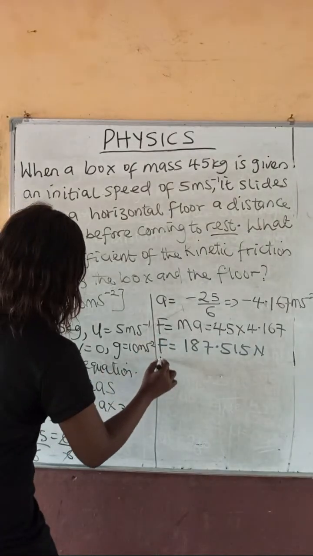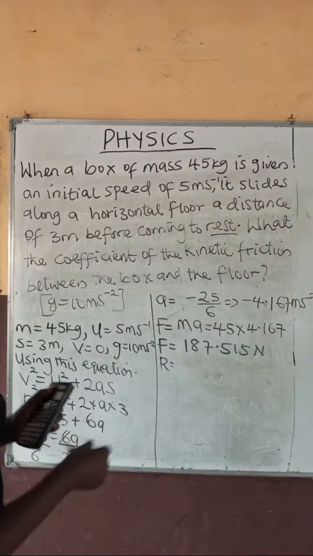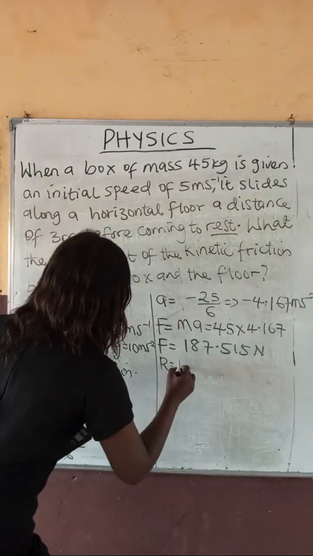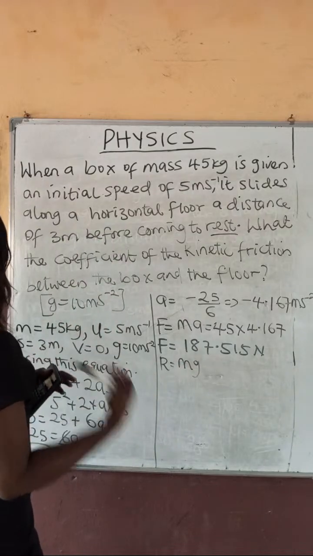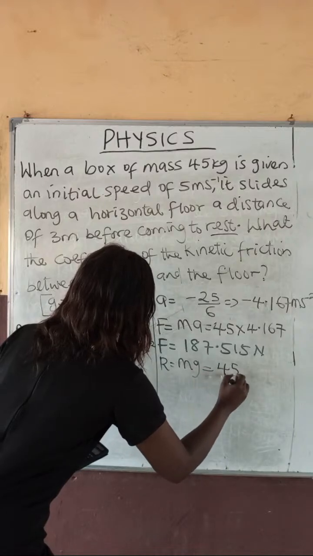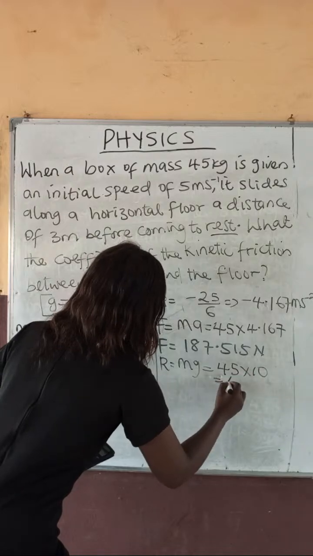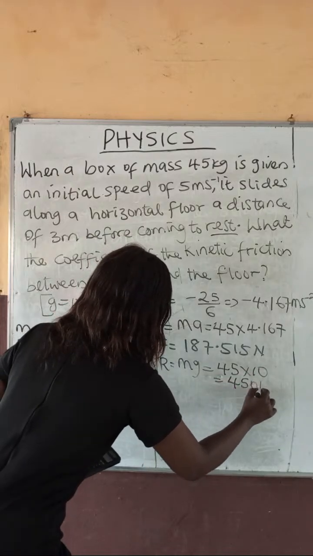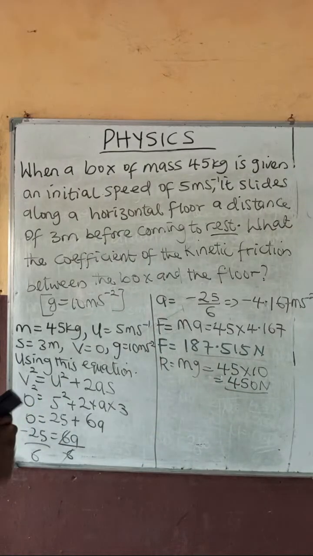Now for me to get the reaction force, my reaction force is mg. Now my mass is 45 times my g, which is 10. I'm going to have 450 Newton, right?